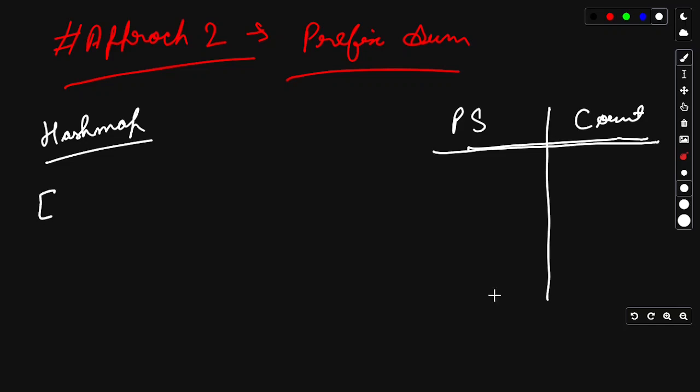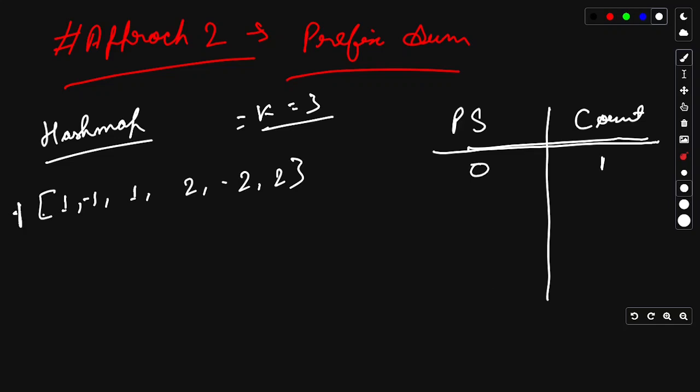So let's say this is an array: 1, minus 1, 1, 2, minus 2, 2, and k is given to us as 3. Initially we will take our prefix sum as 0, and it will have a count of 1, which states that if our prefix sum is here, it has 0 summation, right?